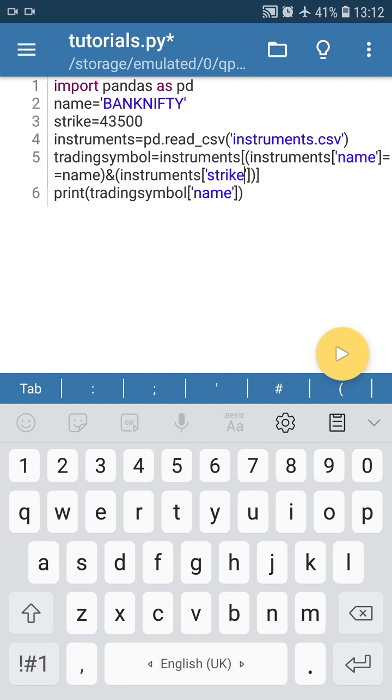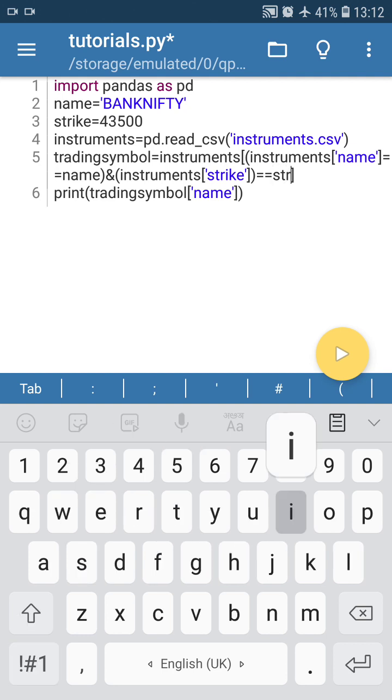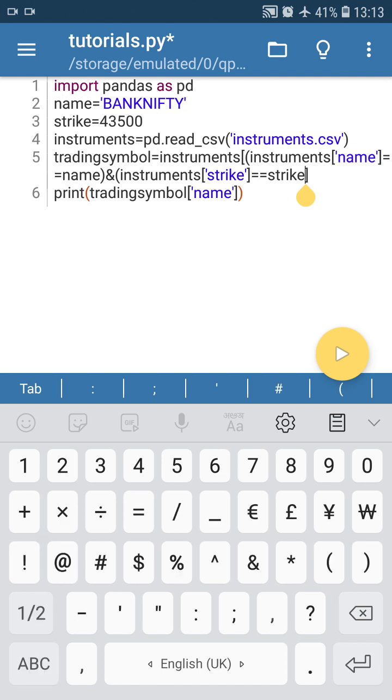Instruments of a strike, and the strike which I'm going to match here will be equivalent to strike. And here I will close. So you can check the header, and after this you can match it out in some format.